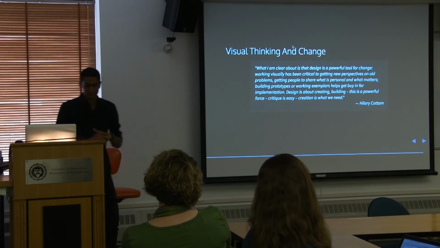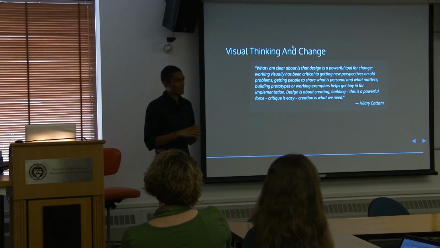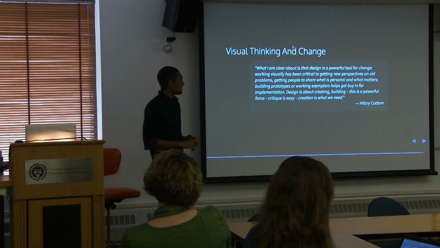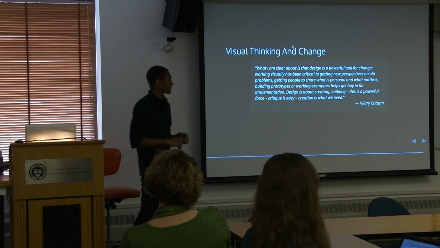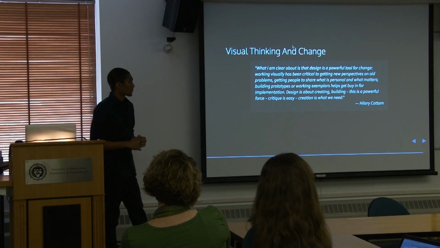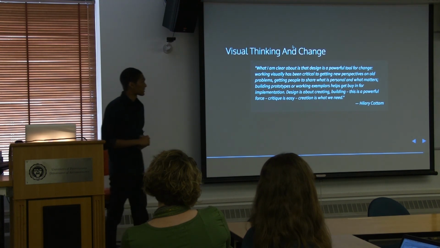So finally, I'll leave you with this quote. Hillary Cotton was asked if design thinking applies to her work, and she rejected that. And she rejected a lot of the terms that were applied to her work. She said what she's clear about is that design is a powerful tool for change. That working visually has been critical to getting new perspectives on old problems, getting people to share what's personal and what matters.